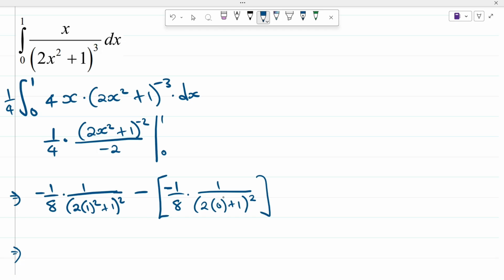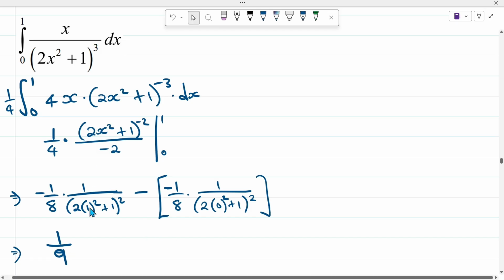I even forgot the squared there. And then I close. So this should give you 1 over 9 on your calculator. So yeah, that's your answer for this definite integral.